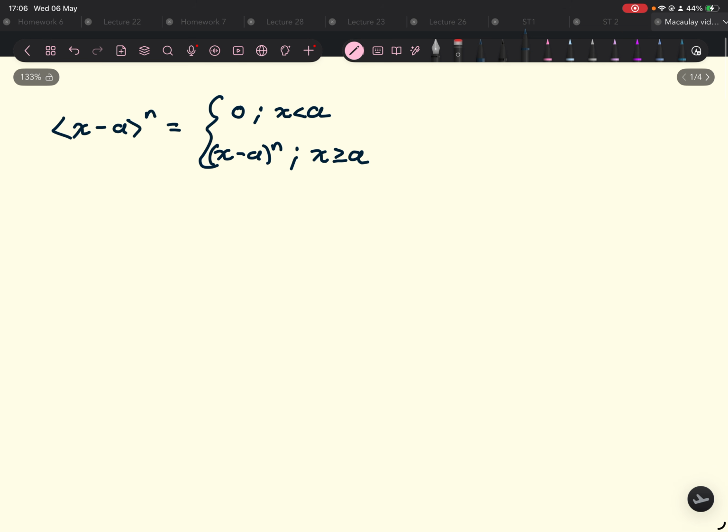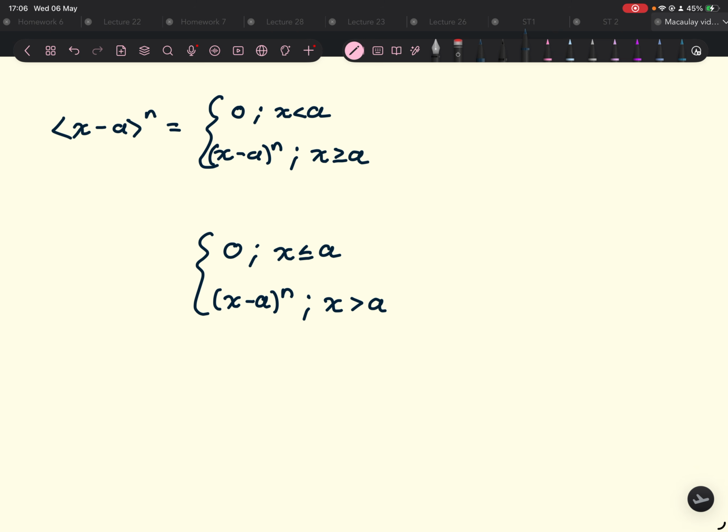So in the lectures, we expressed it differently. It was written as 0 when x is less than or equal to a, and then the function itself when x was strictly greater than a. If you choose to do either one, it doesn't matter.